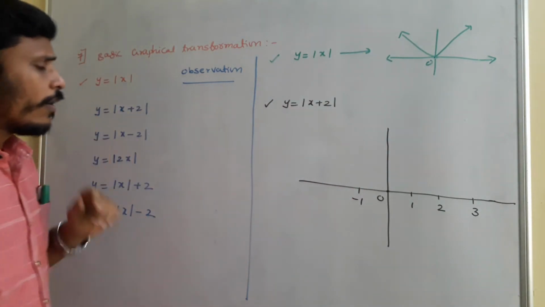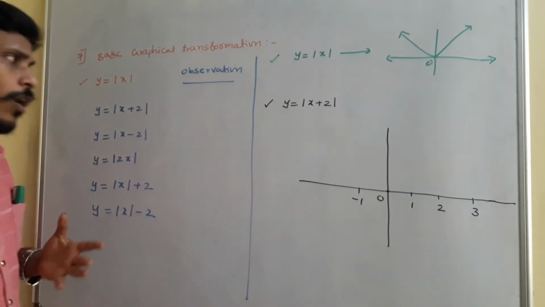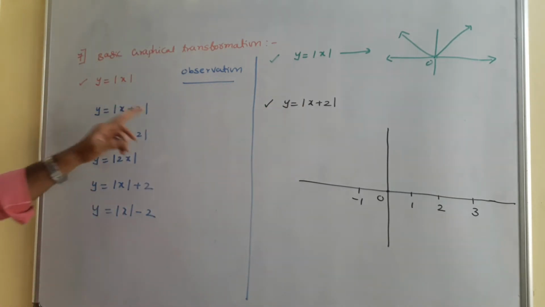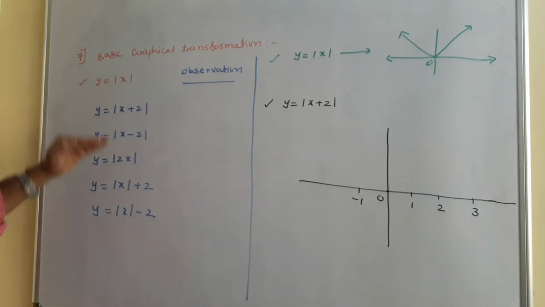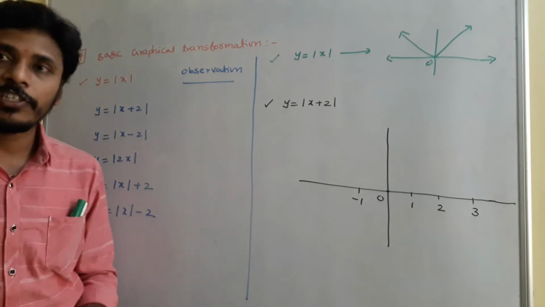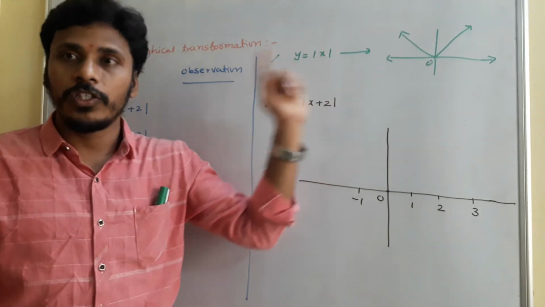And now we are going to sketch the graph where y is equals to mod x plus 2. Just look there, mod x plus 2, mod x minus 2, I have different graphs, and we need to sketch each and everything, and we need to compare these graphs with y is equals to mod x.